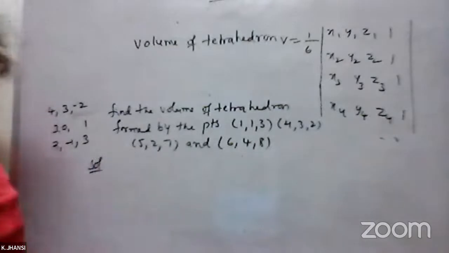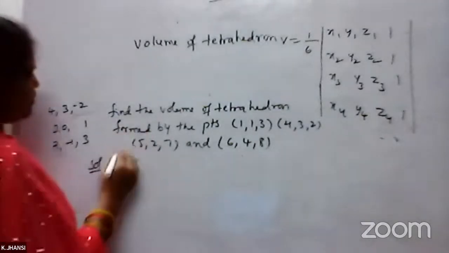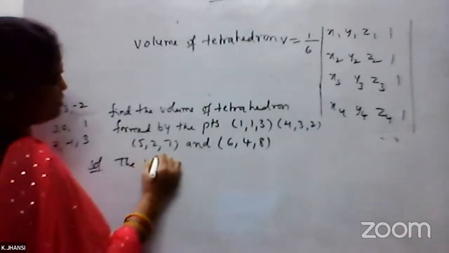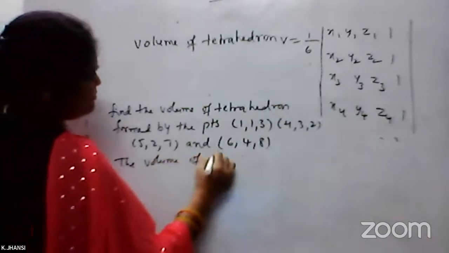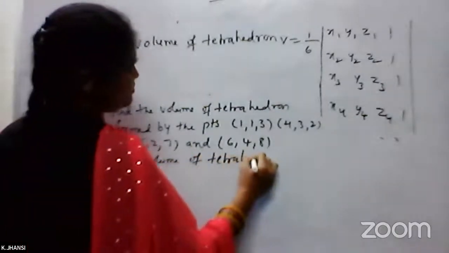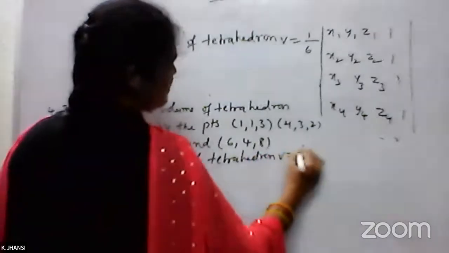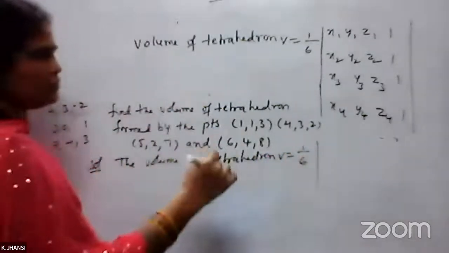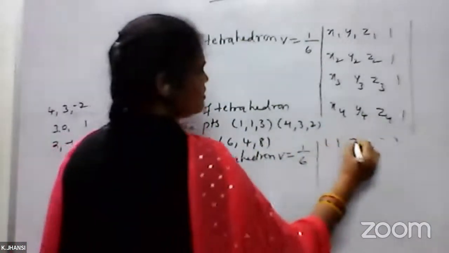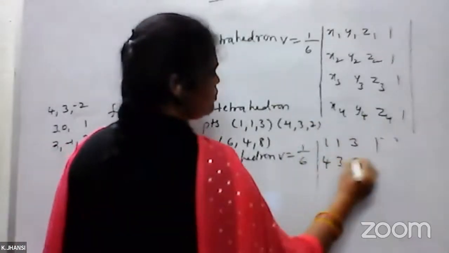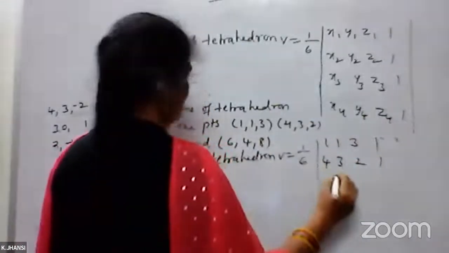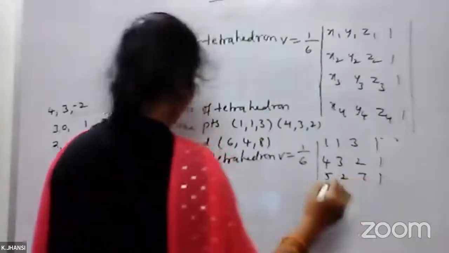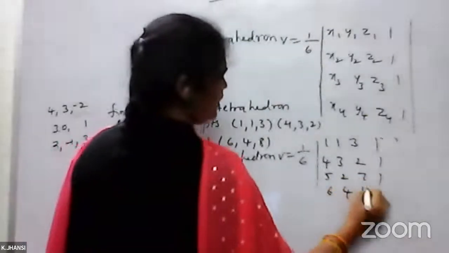If any points are there, you write the volume of the tetrahedron equals 1 by 6 of these values. So 1, 1, 3, 1; 4, 3, 2, 1; 5, 2, 7, 1; next is 6, 4, 8, 1.